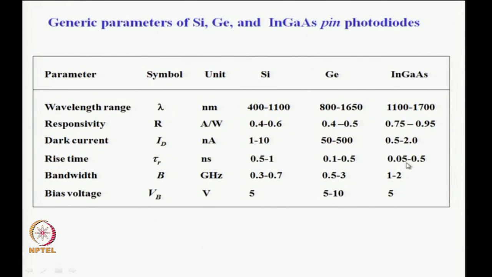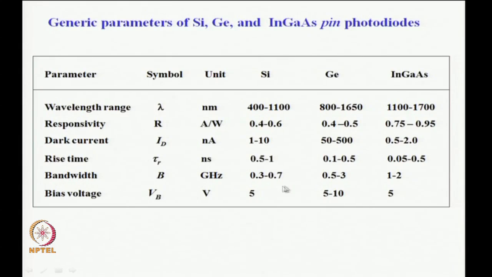Bandwidth, that is the detection bandwidth in gigahertz, is primarily the inverse of the rise time. The detection bandwidth is of the order of just under 1 gigahertz here, and of the order of gigahertz here and here.